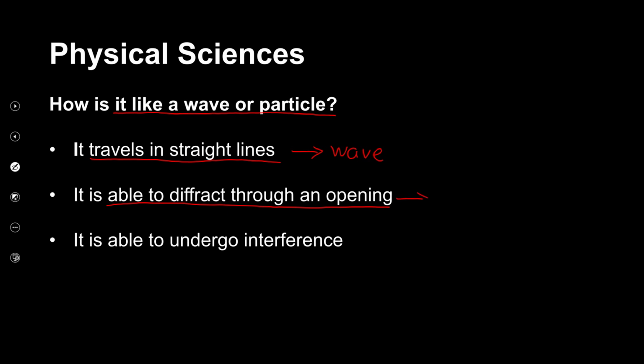And the diffraction through an opening is also a property of a wave. In addition to both of these wave properties, it's also observed that photons can undergo interference, just like, once again, the waves we looked at earlier.